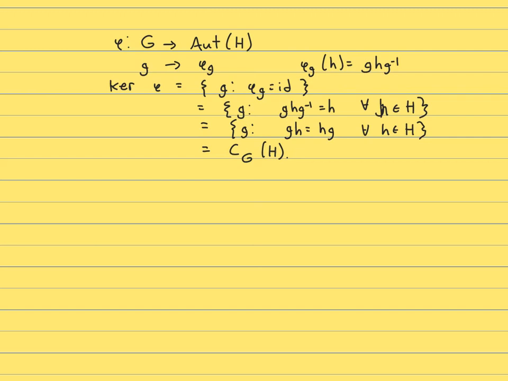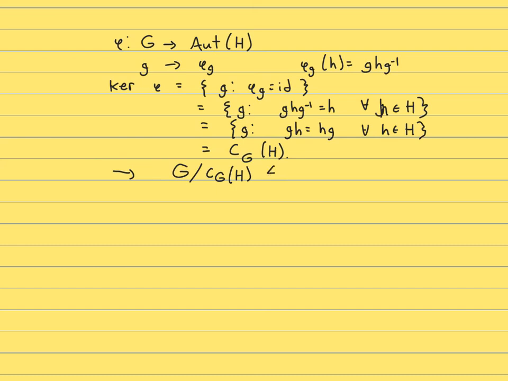Of course, this tells you something about centralizers. It tells you that when H is a normal subgroup, the centralizer of H in G is also a normal subgroup. And then applying the first isomorphism theorem, we get one final fact, which is that G mod this centralizer subgroup is isomorphic to a subgroup.